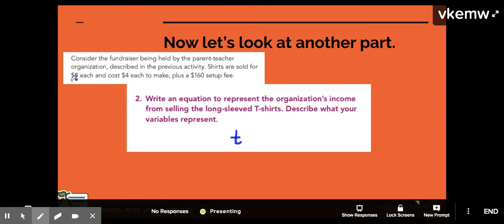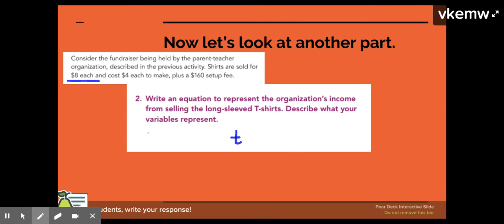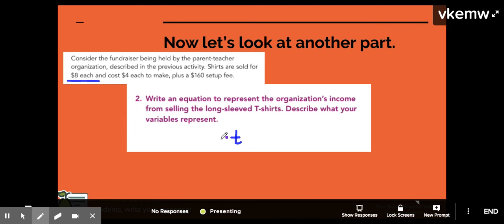Our income is going to come at $8 for each shirt. So what is our equation going to be? Let's make this equation be income, using T as the number of shirts we sell.